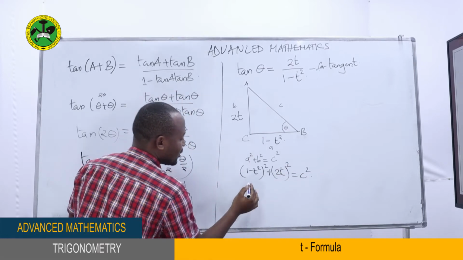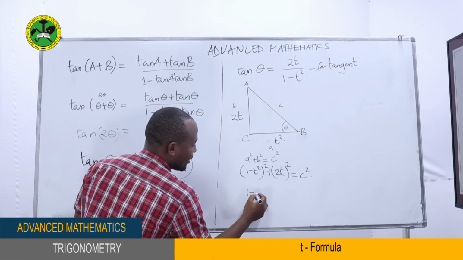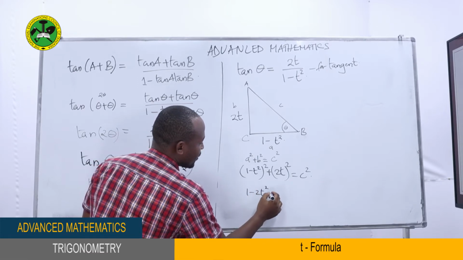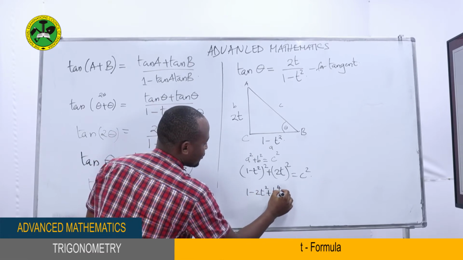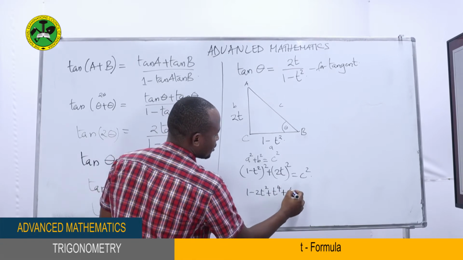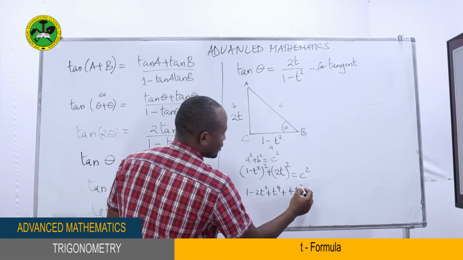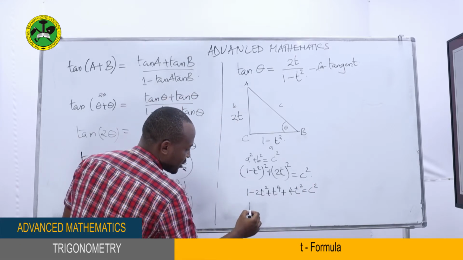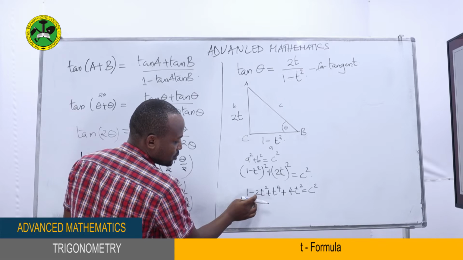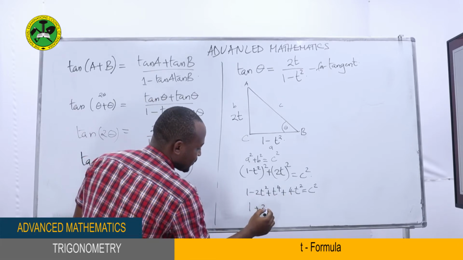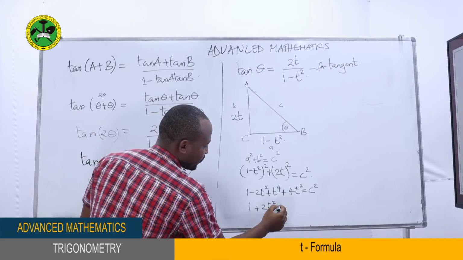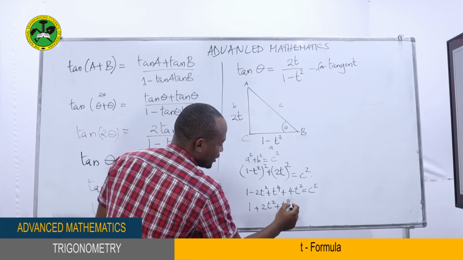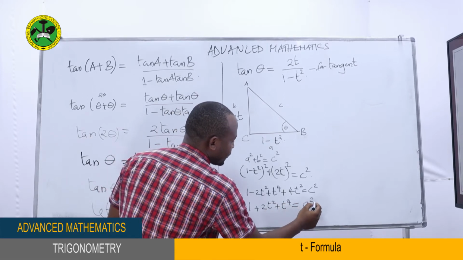If you open the brackets, you are going to have 1 minus 2t square plus t raised to 4 plus 4t square, which equals C square. Collecting like terms, we are going to have 1 plus 2t square plus t raised to 4 is equal to C square.